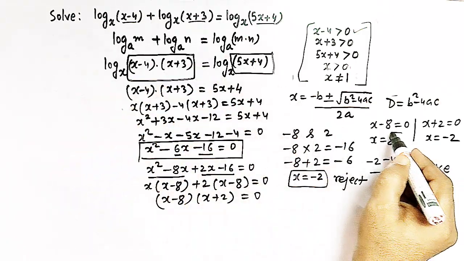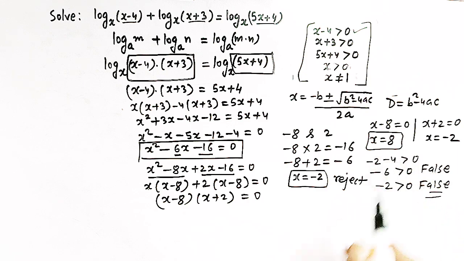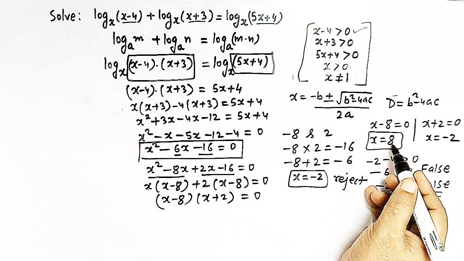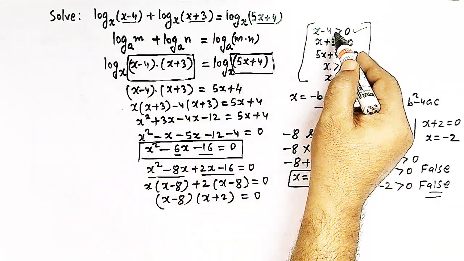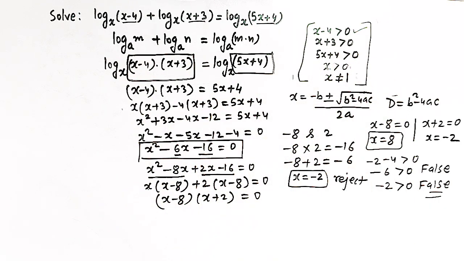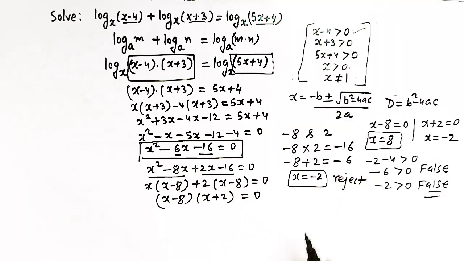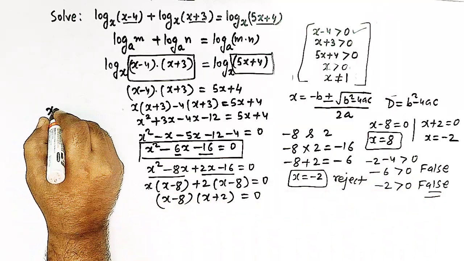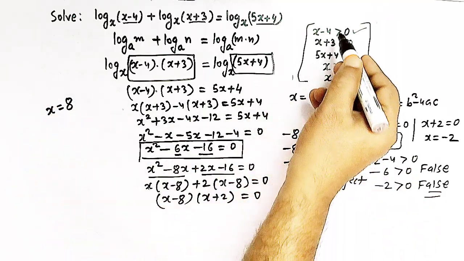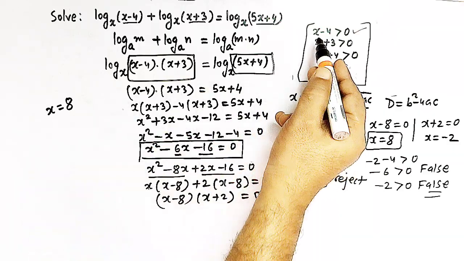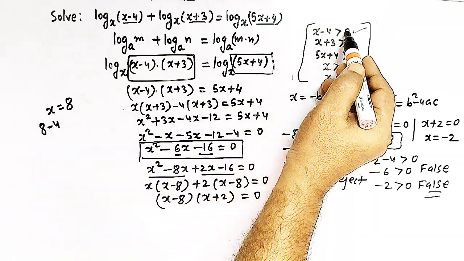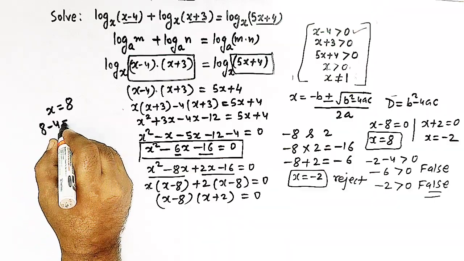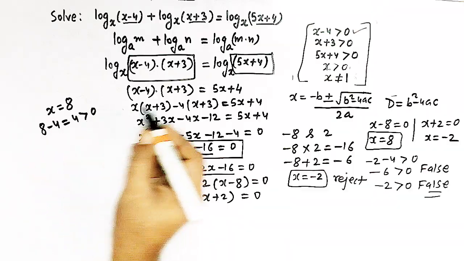So we are now left with x is equal to 8, and let us see whether x is equal to 8 satisfies these conditions. So now if we take x is equal to 8 in these conditions, then we can see that 8 minus 4, that is the first condition, 8 minus 4 is 4, which is greater than 0.